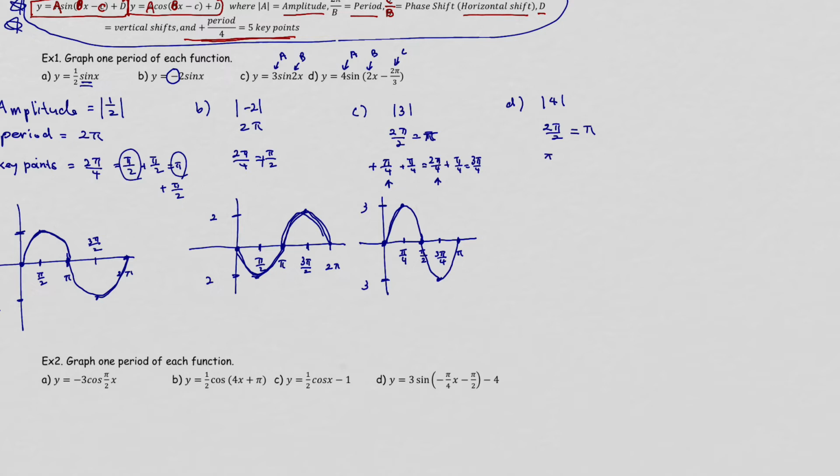Wait, hold on. Let's do this before you do the period, because we have a C value this time, we want to find the horizontal shifting, right? So let's erase that.